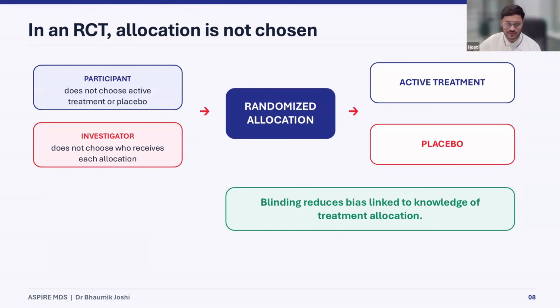So it is blinded. Even the investigator doesn't know which group is given which drug. So blinding of the investigator and of the participant is done in the randomized control trial. And what does it help in? It helps in reducing the bias which is linked to the knowledge of the treatment allocation.